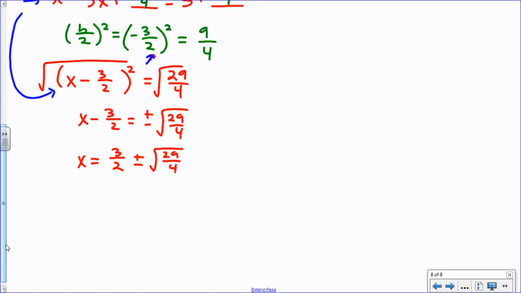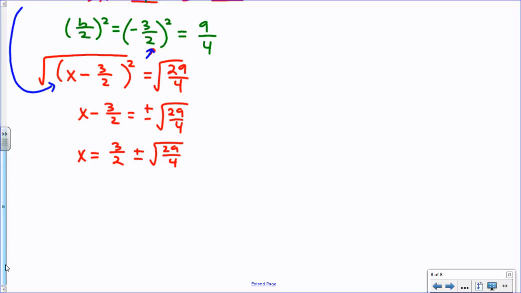Now, the next steps that I'm going to do are just cleaning our answer up. If you could get to this point where we are right now, that's going to give you the majority of your points. The rest of it is just cleaning the answer up. If you left it like this, depending on how many points the problem is, you'd miss maybe a half point or 1 point.